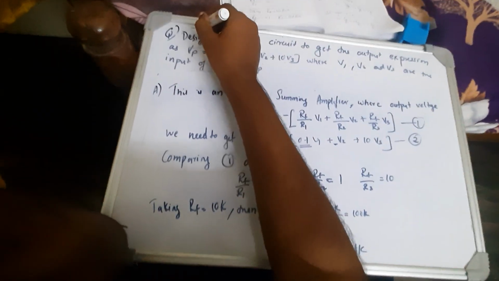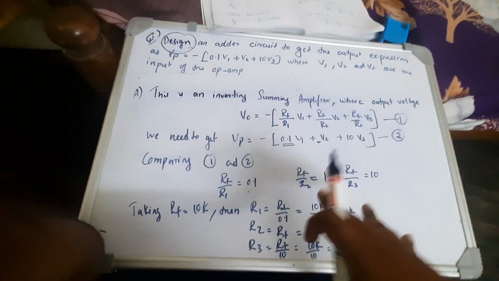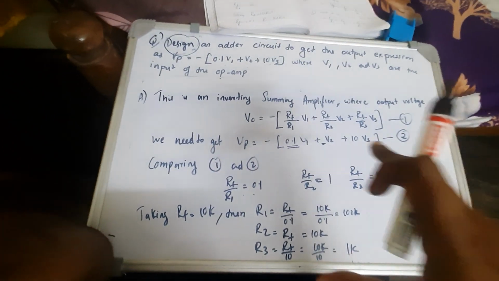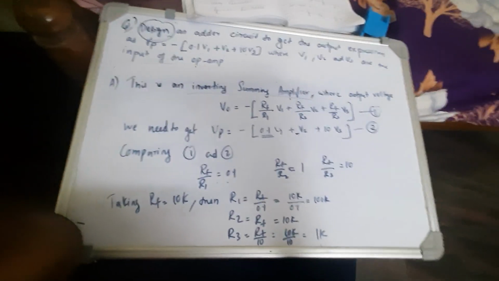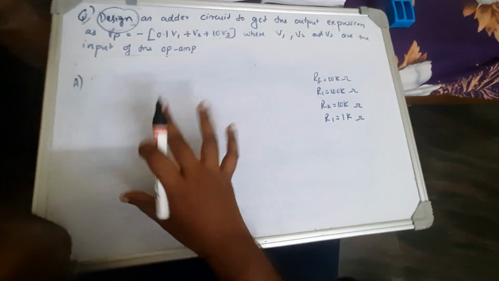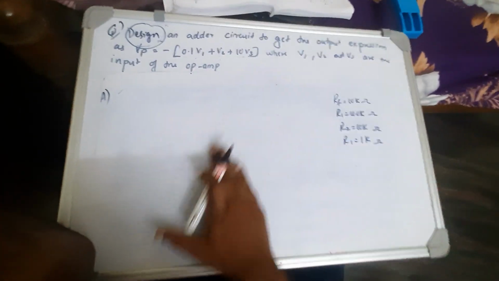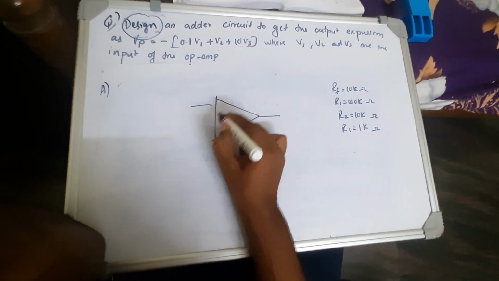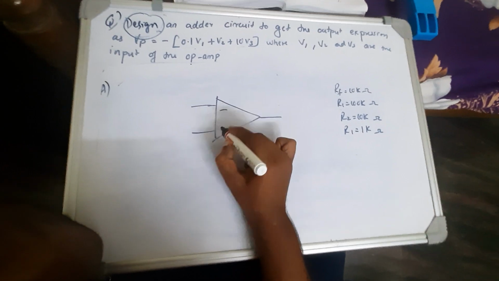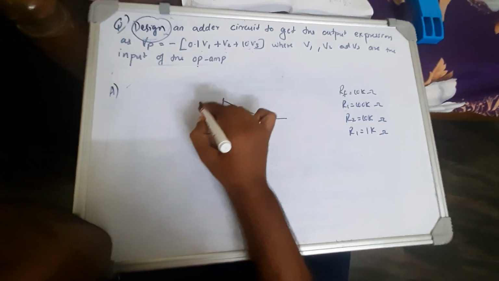Since the question is a design, we need to draw the inverting summing amplifier circuit and put these values in. Now we are going to draw it. We draw the op amp with 2 inputs, inverting and non-inverting.